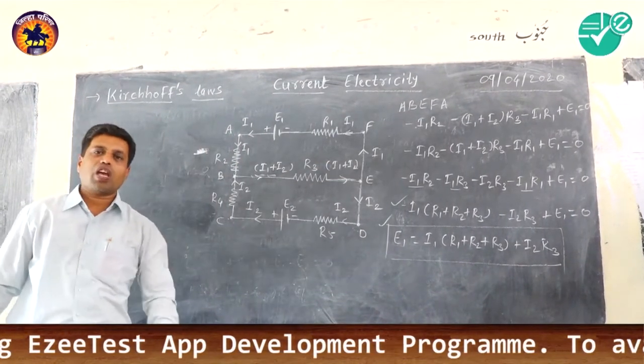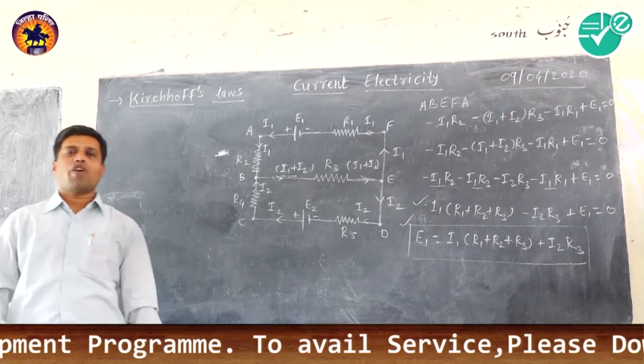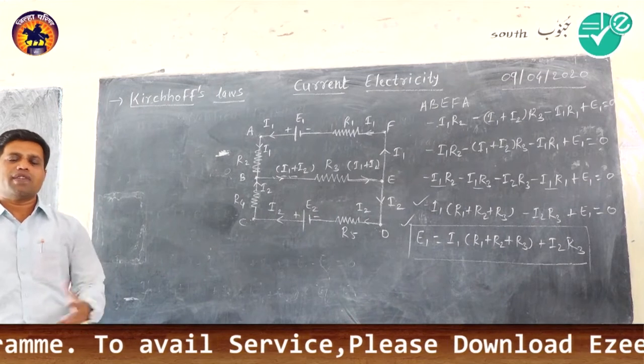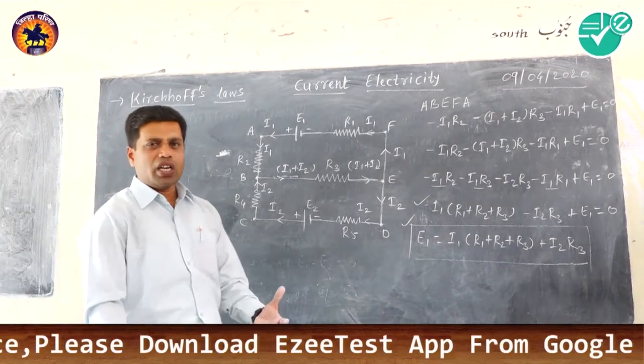So like this you can apply Kirchhoff's voltage law to any circuit. I hope that you have got the idea. I know this is very bulky while writing the equation on the board and drawing the diagram. It takes so much time.